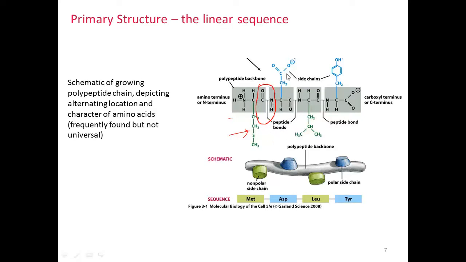We won't rotate around this. This is the second side chain, second amino acid, third amino acid, fourth amino acid. When they're formed in linear, most of the time the side chains point in opposite directions, so that you can have 2 sides to a single protein. For instance, this side of the peptide chain will be nonpolar, whereas up here it will be polar. So it's a property called amphipathic.